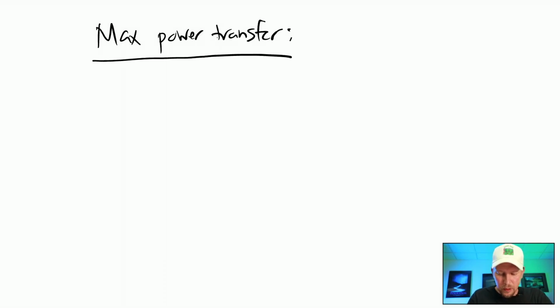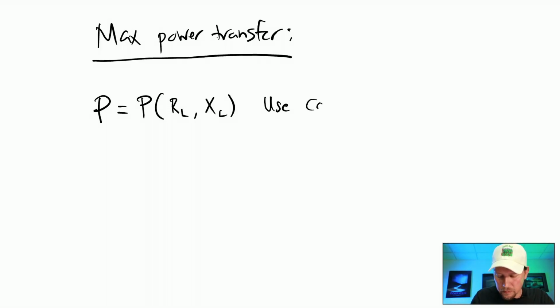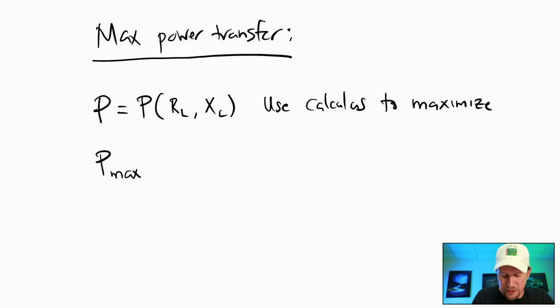We had found that the real power was actually a function of two variables. It was a function of the load resistance and a function of the load reactance. And we had determined using calculus that to maximize the real power, two conditions needed to be met.